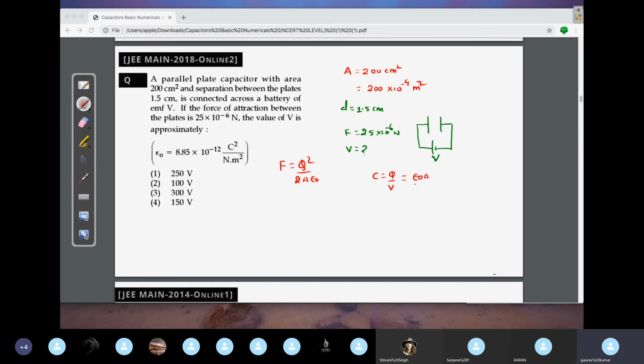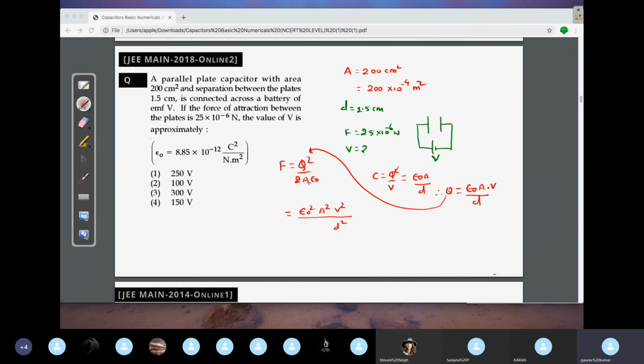Epsilon naught A by D. Therefore, in this formula, we can write Q equals epsilon naught A into V by D. Put these values back, because we have to get the data in terms of whatever is given to you. So now we'll get epsilon naught square into A square into V square upon D square.